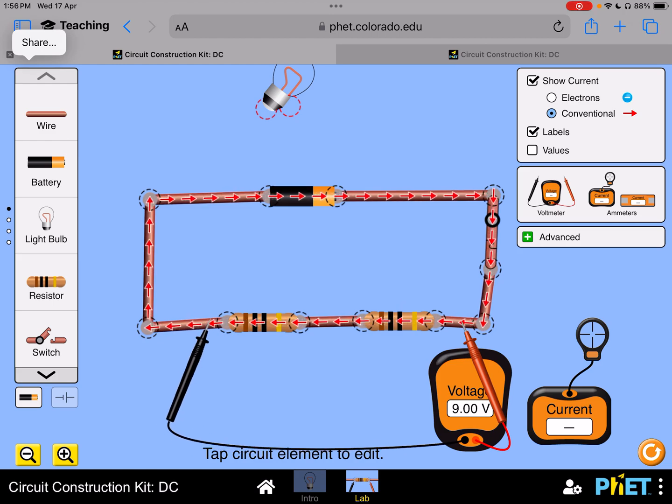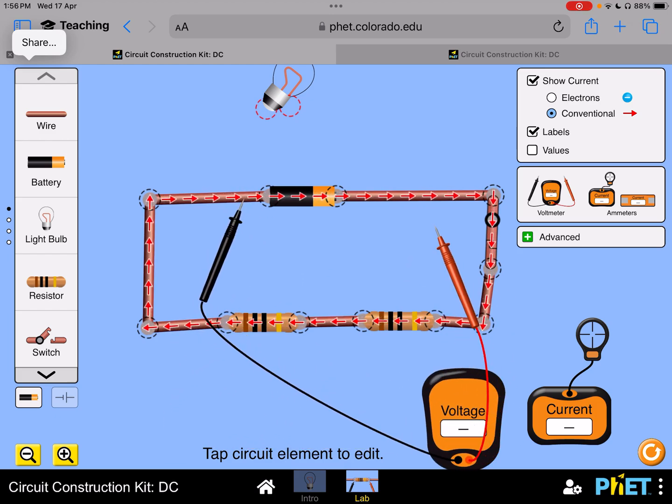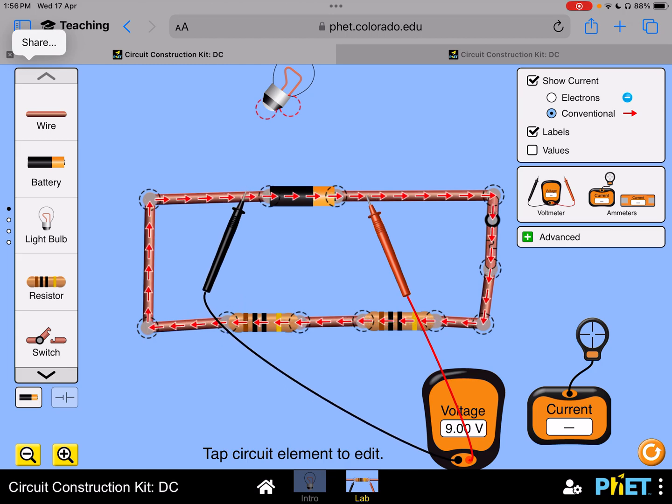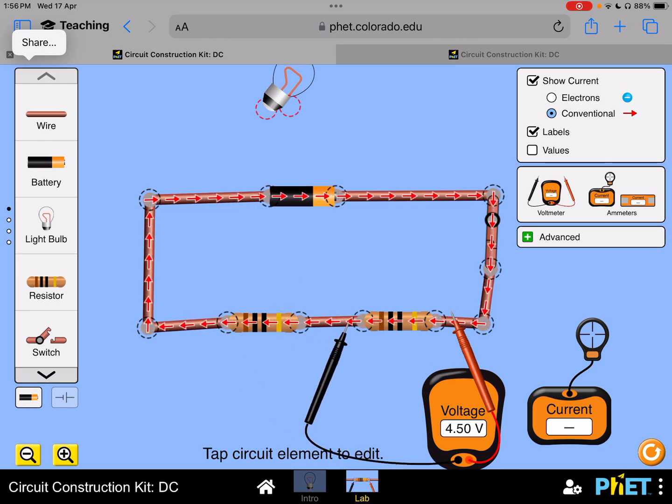And the sum of these two potential differences actually gives you back the same value as the EMF of the source. So what this means is that the sum of the potential differences across the resistors gives you back the EMF.